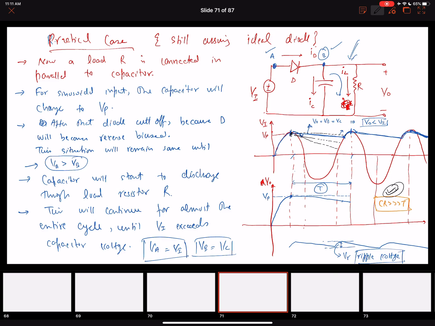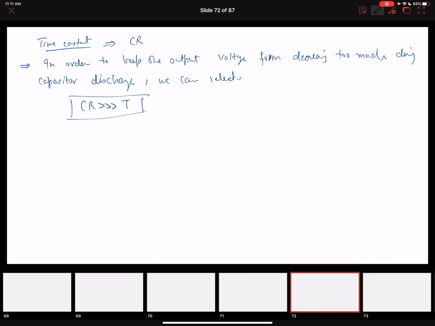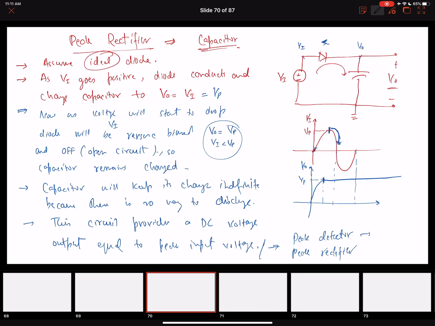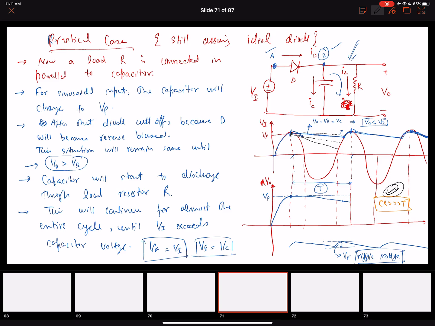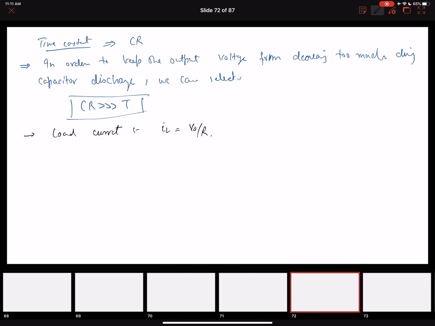Now let's look at some more equations. Another important thing is now the load current. The load current IL will be V naught over R. We can see it in this circuit. And we can see that the diode current is the sum of the capacitor current plus the load current, right?